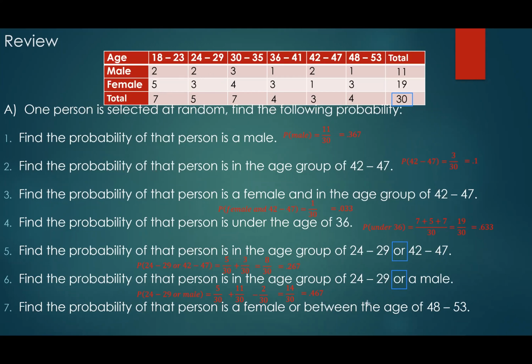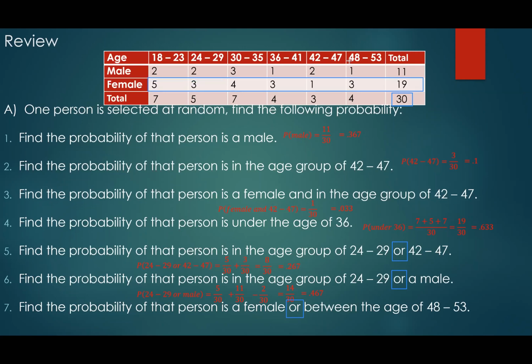Again, as you can see, if you read this, we deal with the word or, where we're looking for female and the age group of 48 to 53. As you can see, hopefully you typed that they are not mutually exclusive, because the two groups intersect somewhere.